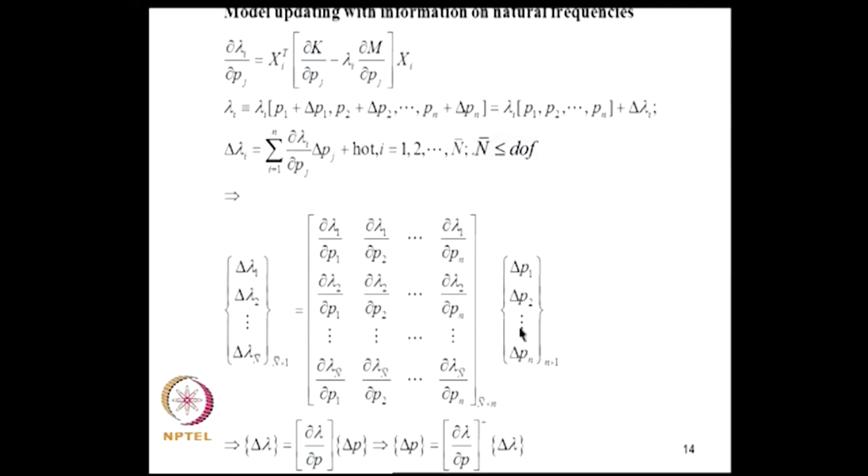So, this is the equation for the unknown increment δp in terms of the measured changes in natural frequencies. So, this is known, this is the mathematical model. So, I will use the pseudo inverse and find δp as (∂λ/∂p) pseudo inverse into δλ. So, this is a formulation which uses only the information on natural frequencies. So, you see here a term called HOT, these are higher order terms; HOT stands for higher order terms.